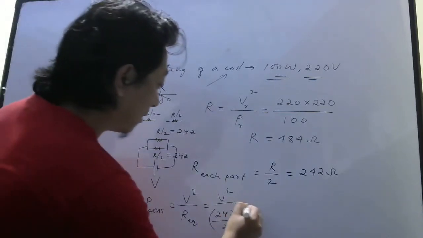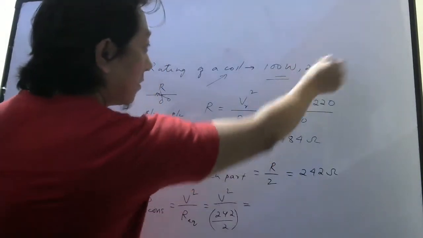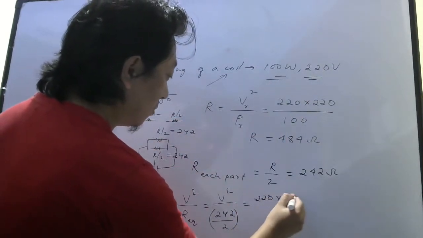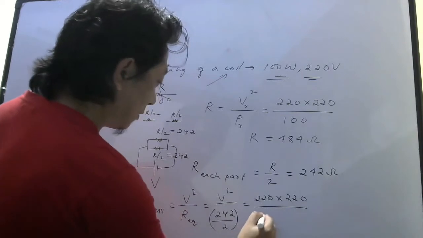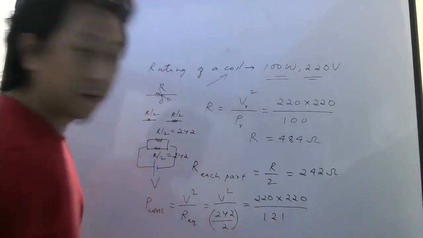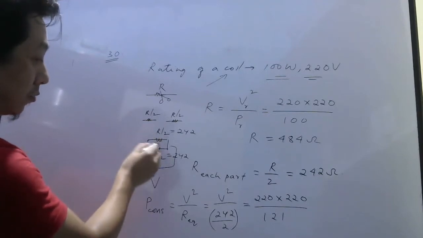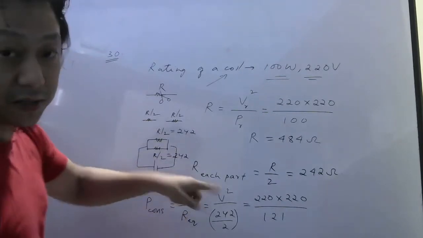The voltage is the same, since the source remains the same. So 220 into 220 divided by 121 will be the power consumed by the circuit which has these two parts in parallel.